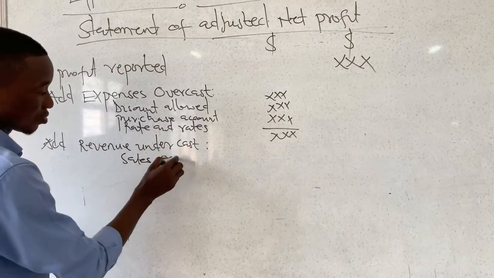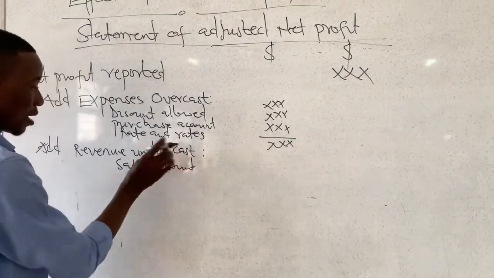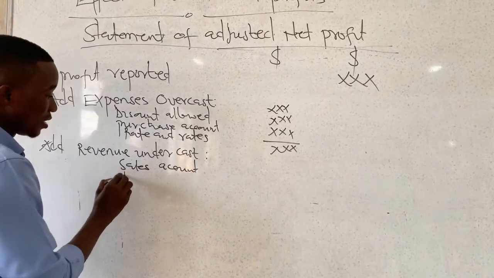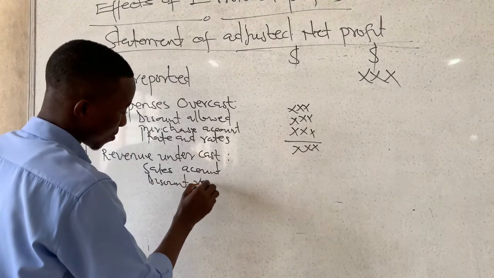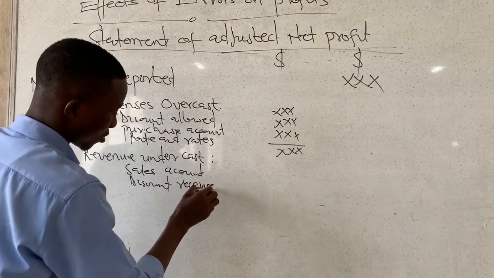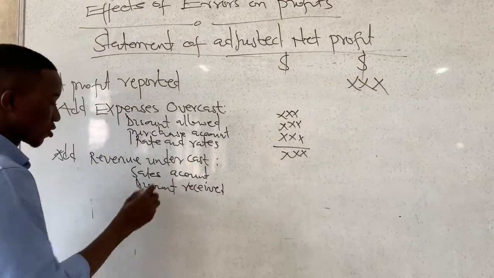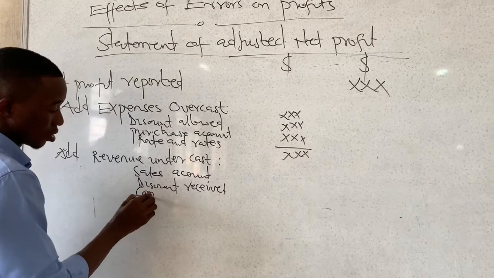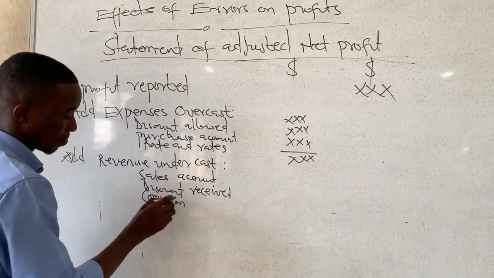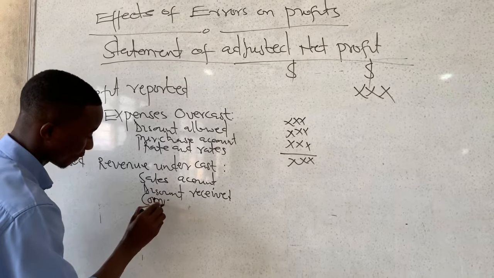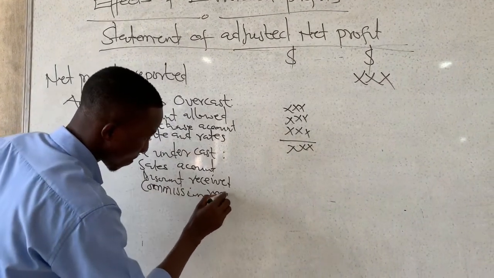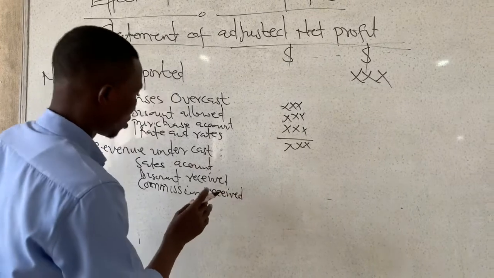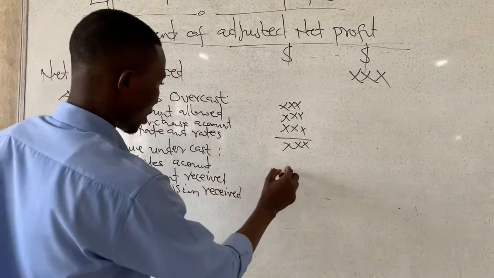That is sales account undercast. You may have maybe discount received account undercast. You may have maybe a commission received account, maybe undercast. You bring the 3 also here.